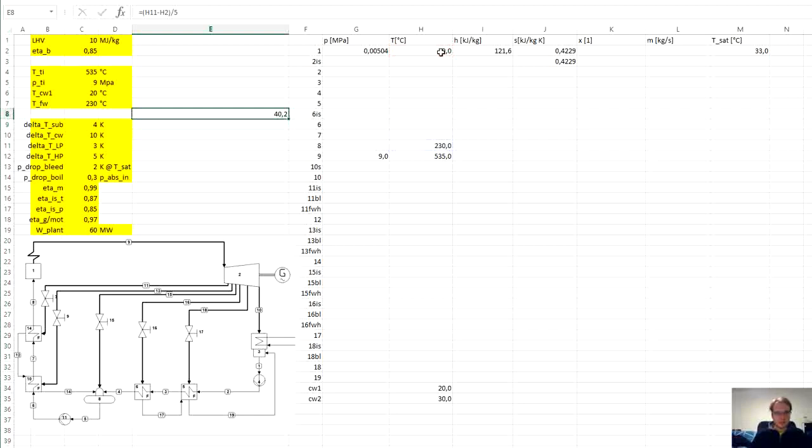And we get that the value by which we want to heat up our water is about 40 degrees C.